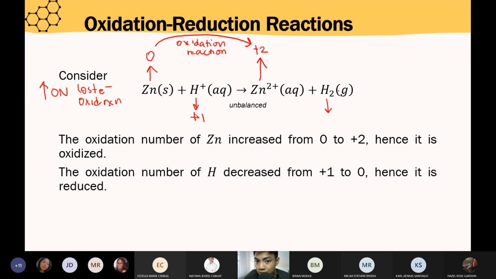So, this is elementary state. What's the charge of the element according to rule number 1? 0. So, from positive 1, naging 0 siya. Ibig sabihin nun, bumaba yung oxidation number niya. And just as I said earlier, when your oxidation number decreases, ibig sabihin nun, it gained electron. Meaning it underwent reduction reaction.